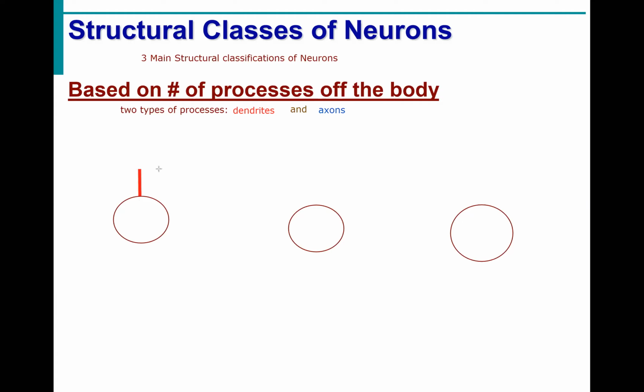Now, that dendrite is capable of branching and can receive information from many branches. But notice primarily, it is 1 dendrite that actually connects to the cell body.